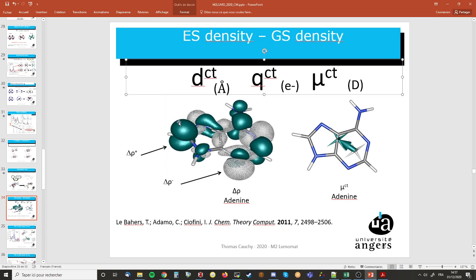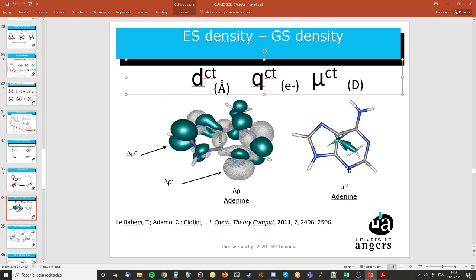You will see something similar in the pictures that I've generated. In the blue surfaces, you have gained an electron, and in the white surfaces, you lost electrons. This is the adenine.